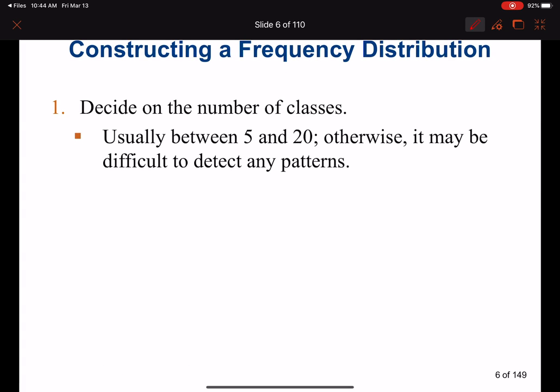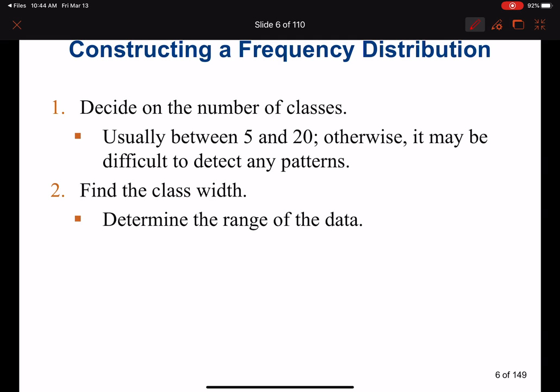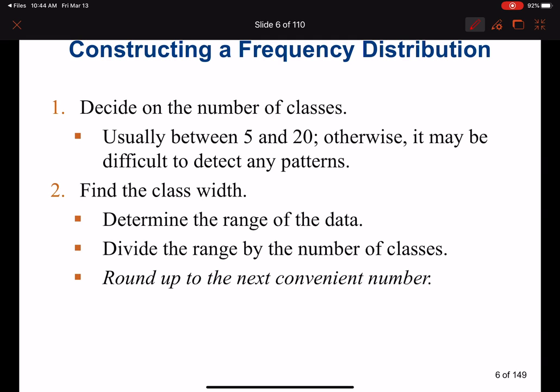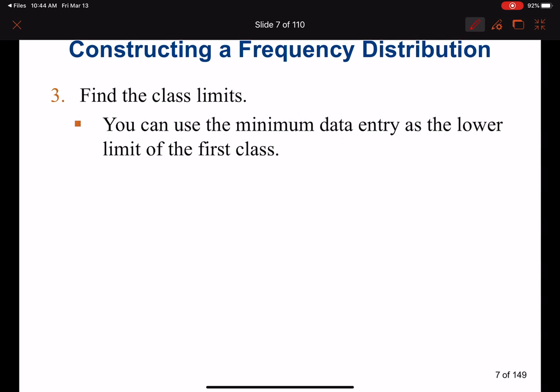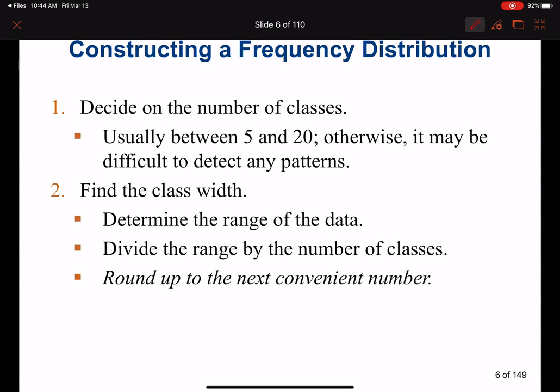How to construct a frequency distribution. There are a bunch of instructions on how to construct it step by step. Now, if I blindly read it, it's not going to help you anyhow, because it's better to see once than hear 10 times. But what you can do right now is put this video on pause and write down all these steps.